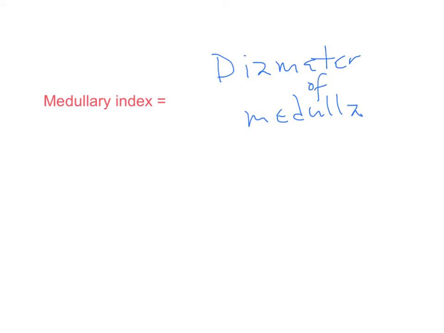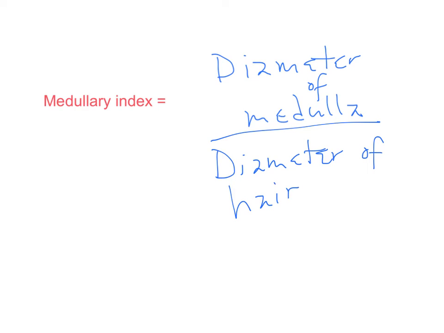So yeah, the medullary index is the diameter of the medulla, and you just divide it by the diameter of the entire hair. So it's always going to be less than or equal to 1. And for humans, it's usually less than 1/3, if it's even there. Obviously, if it's absent, then the medullary index would be 0, because 0 divided by anything is 0.